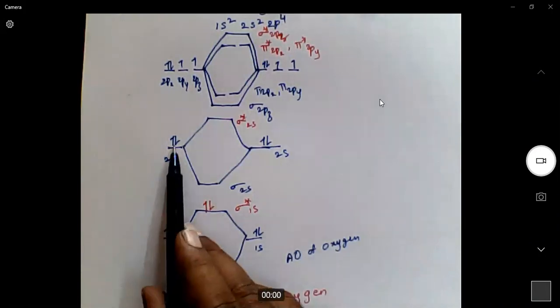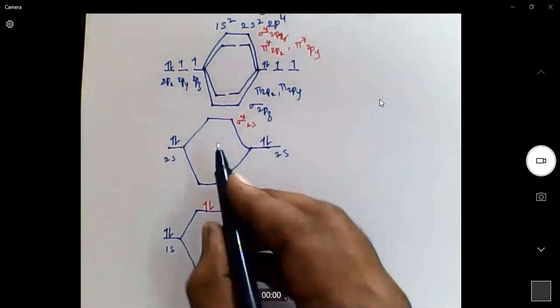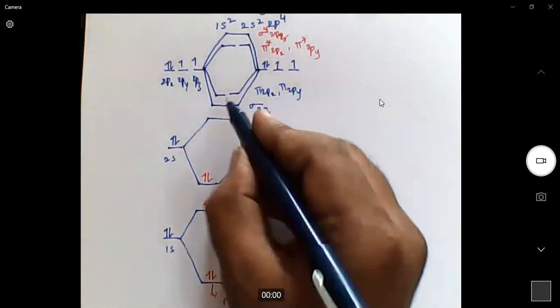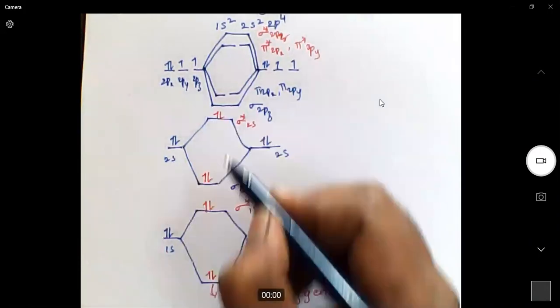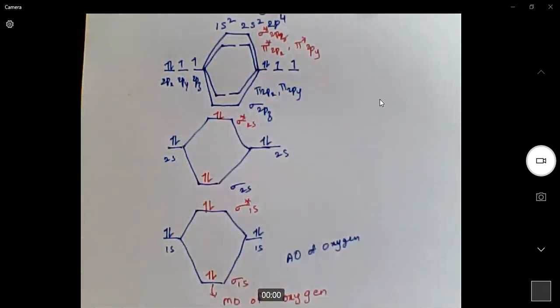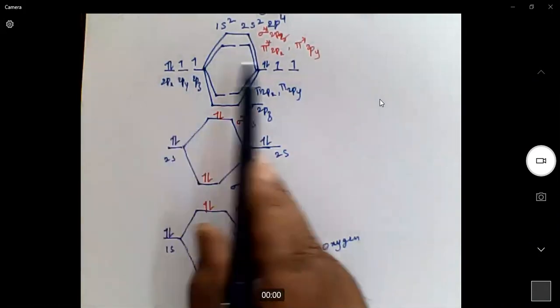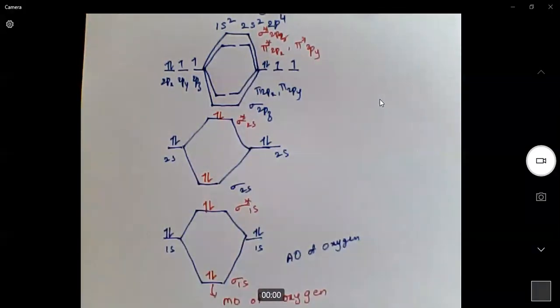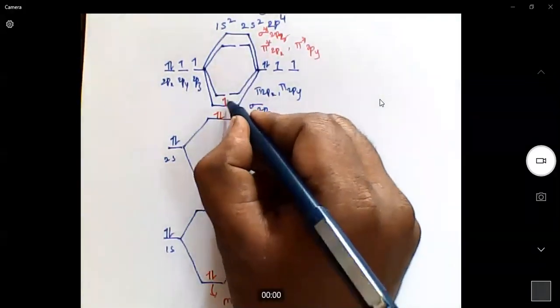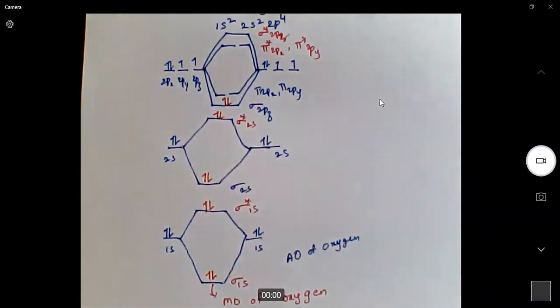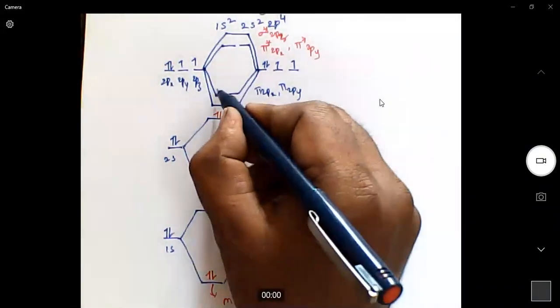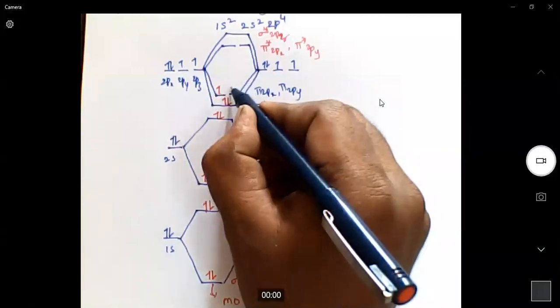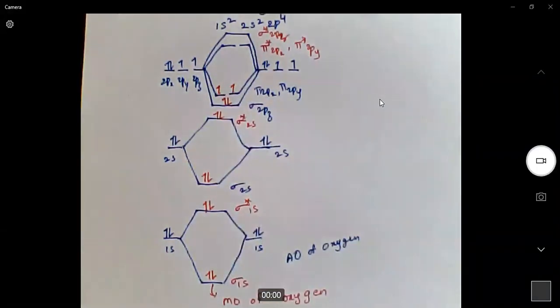Similarly, we have 4 electrons in 2s orbital. So 2 electrons in sigma 2s, 2 electrons in sigma star 2s. In p orbitals, we have 4 plus 4, 8 electrons. So 2 electrons in sigma 2pz. The next electrons go in the pi orbitals; because these two are degenerate orbitals, we must fill 1 electron each.